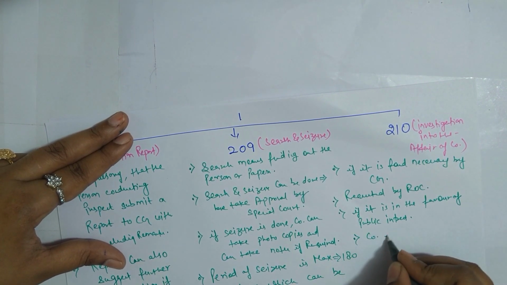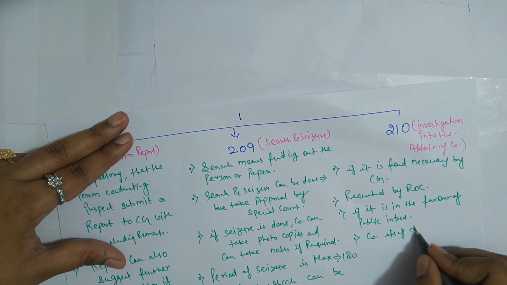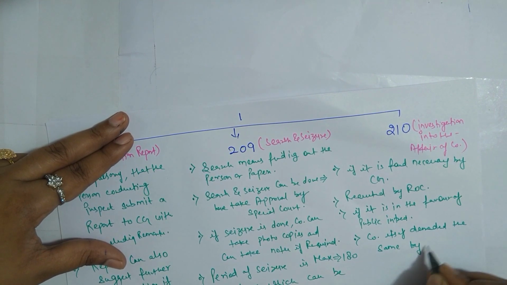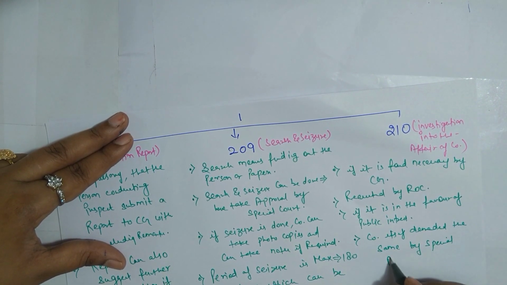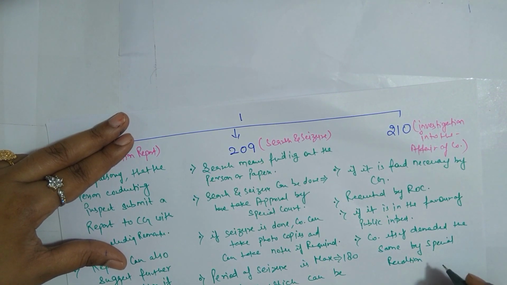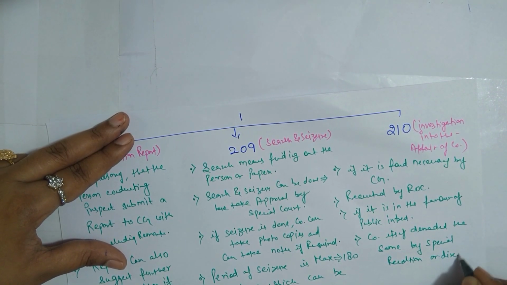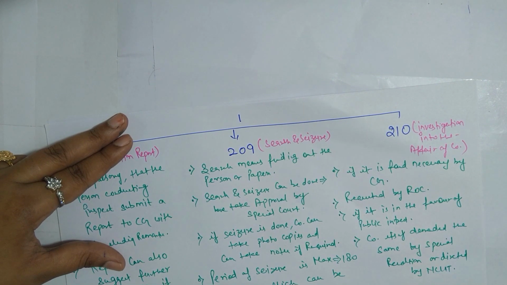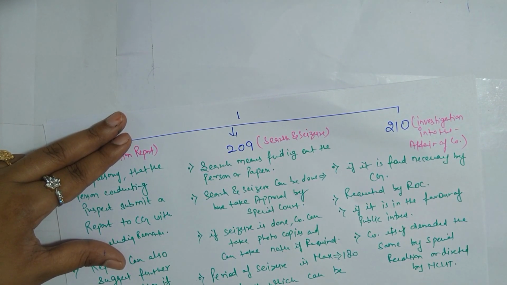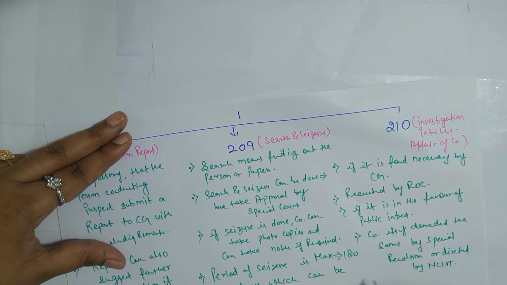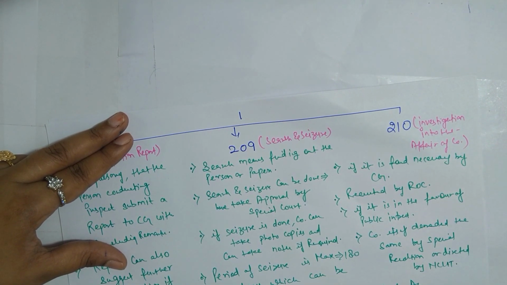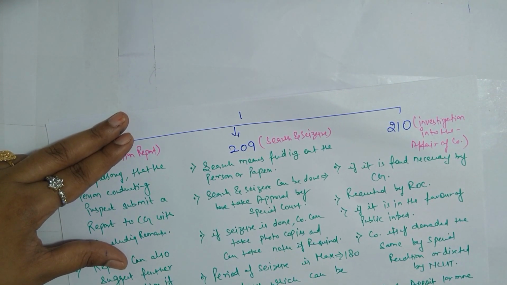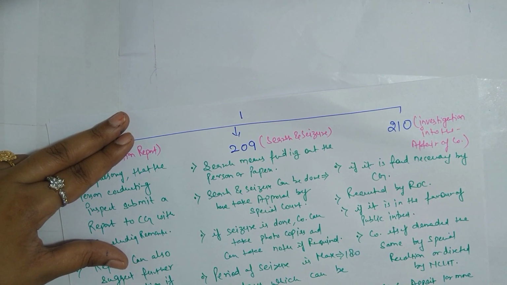And yes, one more thing, the company itself demanded the same by special resolution, means majority of the shareholders, or directed by NCLT. These are all the persons who can demand investigation into the company's affairs. Fine. Now, CG can appoint one or more investigation officers to carry out the investigation.